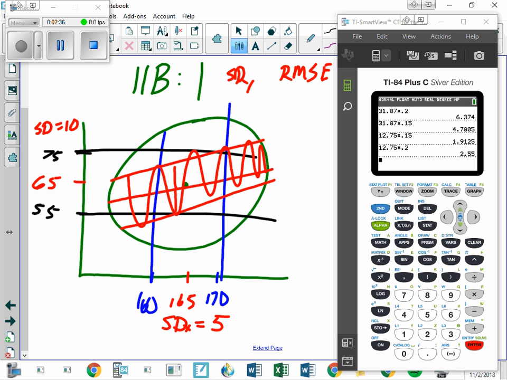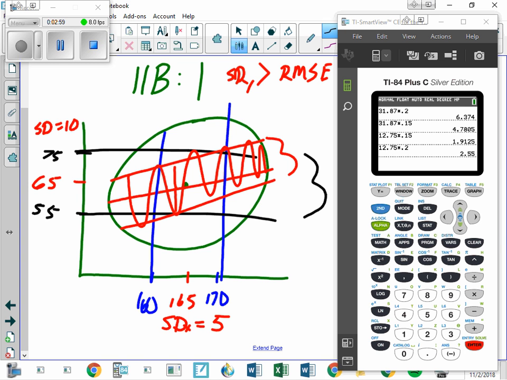The RMS error is always smaller. Why is that? Well, because it follows the trend. The window that captures 68% of the people here is smaller than the window that captures 68% of the people here, because the red window is slanted along with everything else.